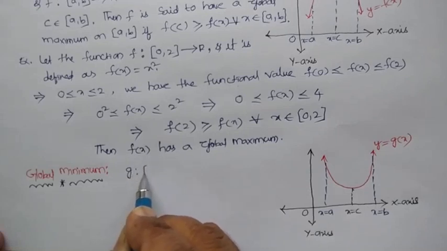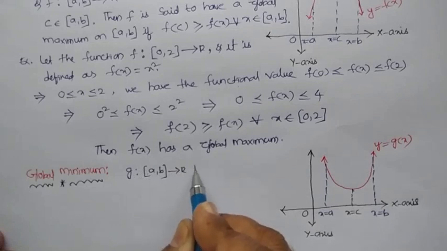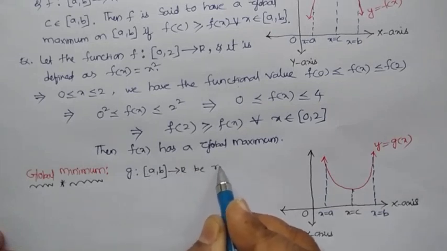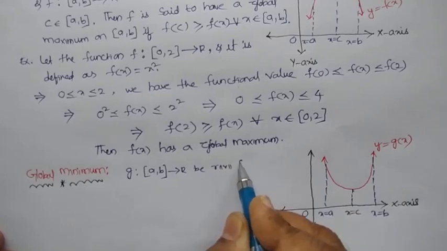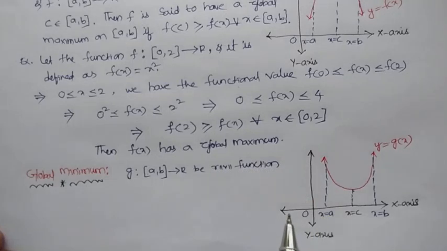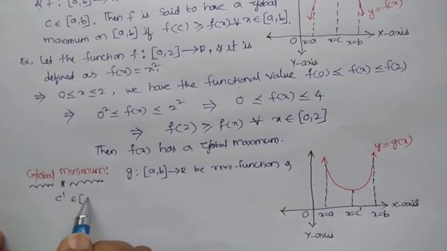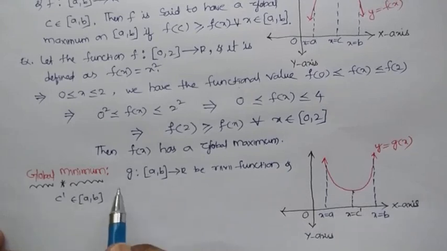Let g map the closed interval a comma b to R, a real valued function, and suppose c dash is a point belonging to the closed interval a comma b.